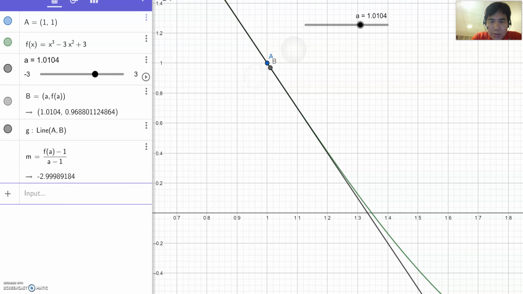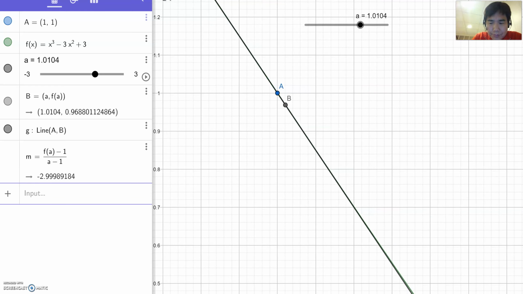It's really close. I'm going to zoom in a little more. Now the x value is 1.0076 and then 5, 4, 3, 2.